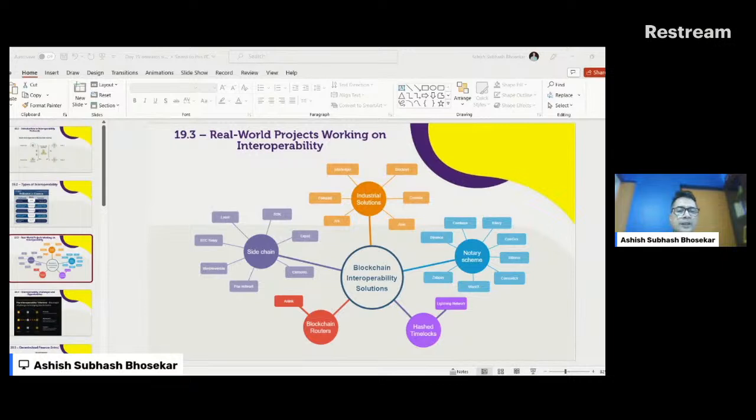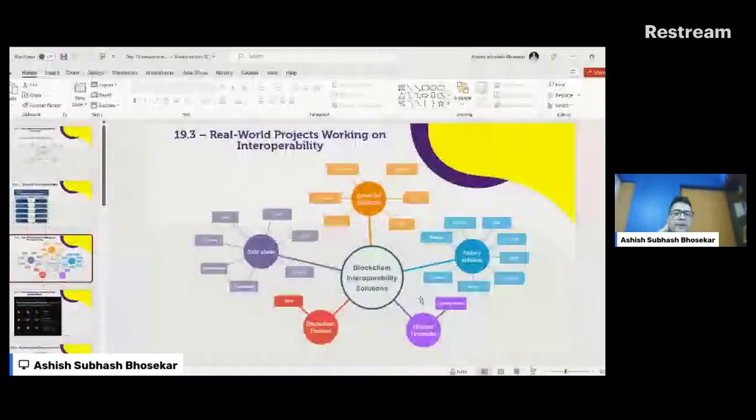Now this next slide shows the real-world interoperability possibilities, right? As you can see, there is something about industrial solutions, then notary schemes, hash blocks. These are the different types of blockchains, and they need to be interoperable with each other.